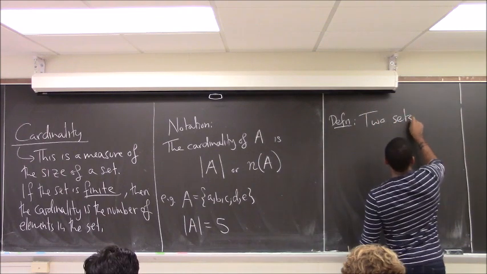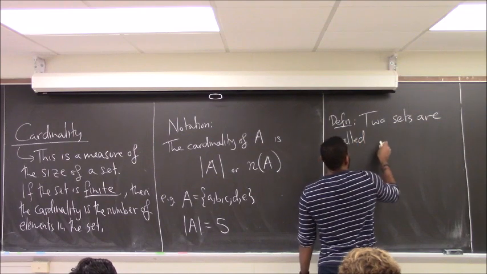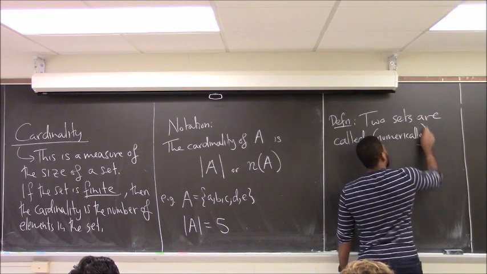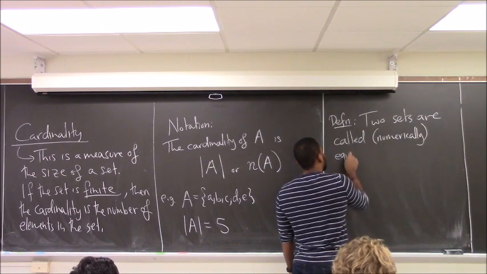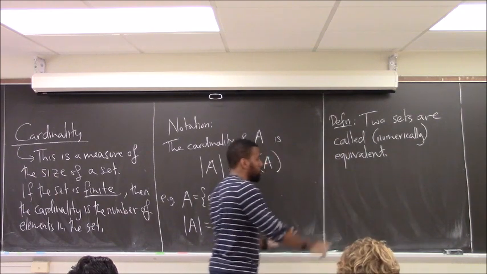Definition. Two sets are called numerically equivalent. Sometimes this word is left out. Right, so there's a difference between being equal and being equivalent.